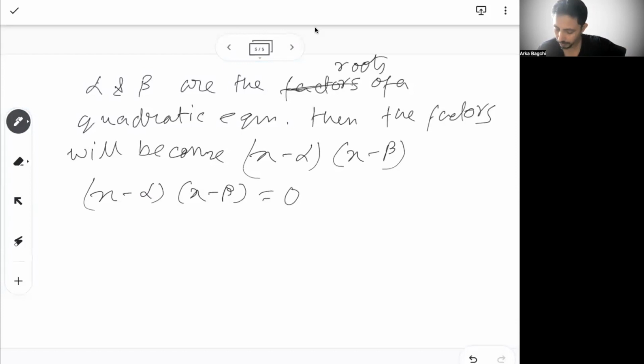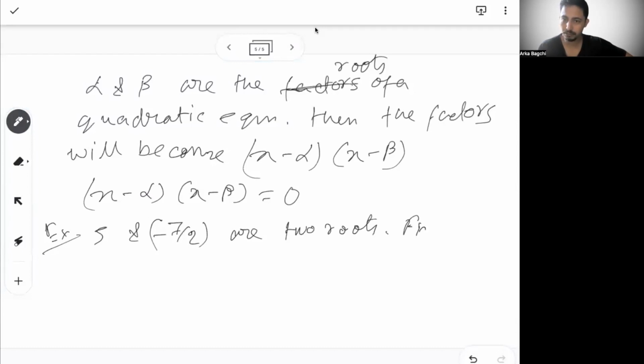So let's say, as an example, 5 and minus 7 by 2 are two roots, find the equation. So 5 and minus 7 by 2 are my two roots. So what will be my factors?